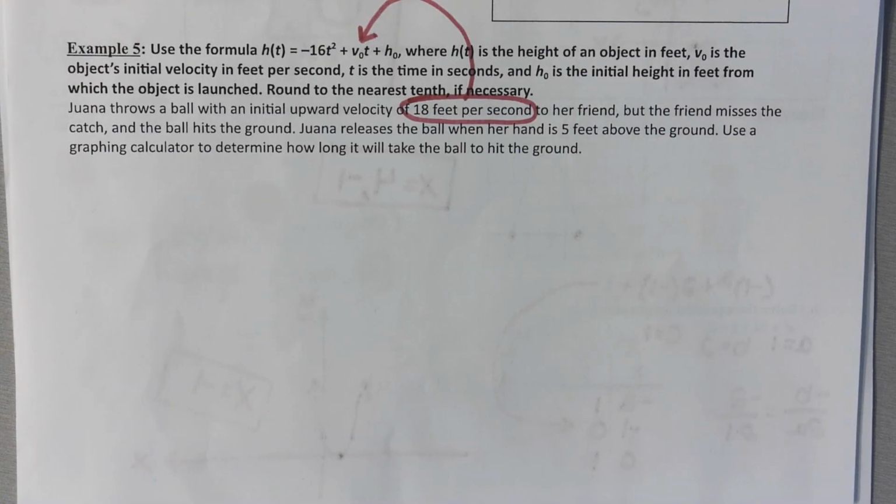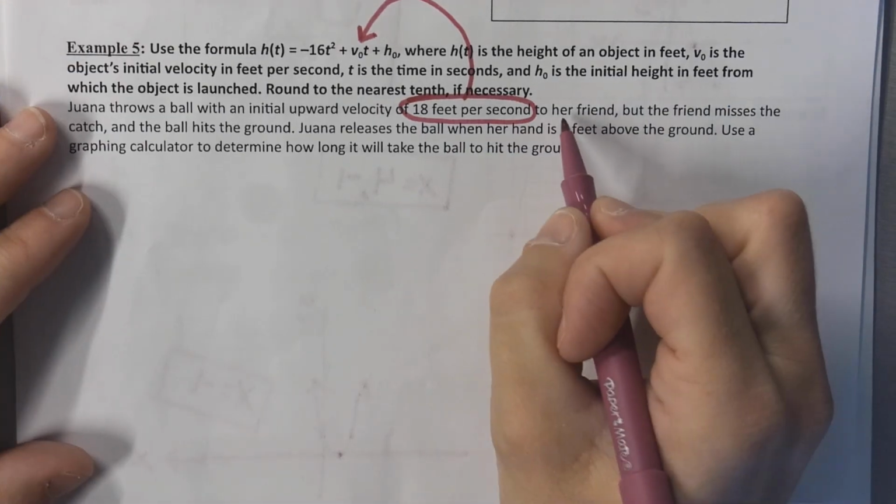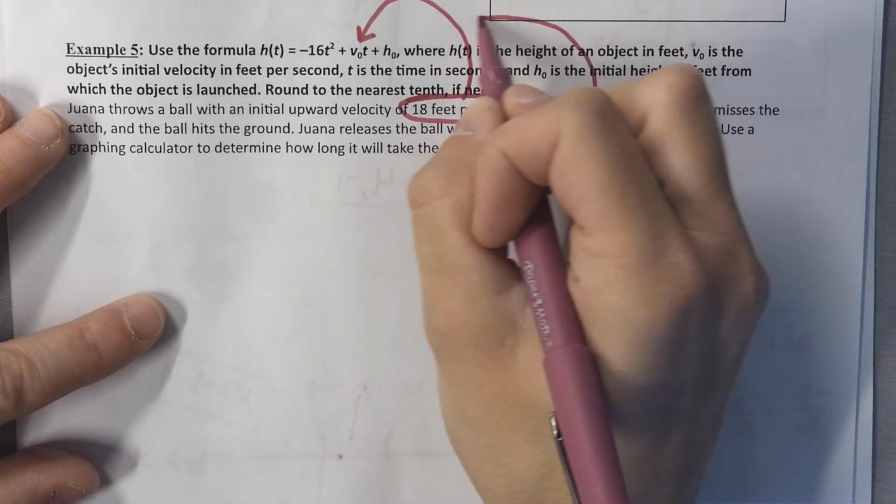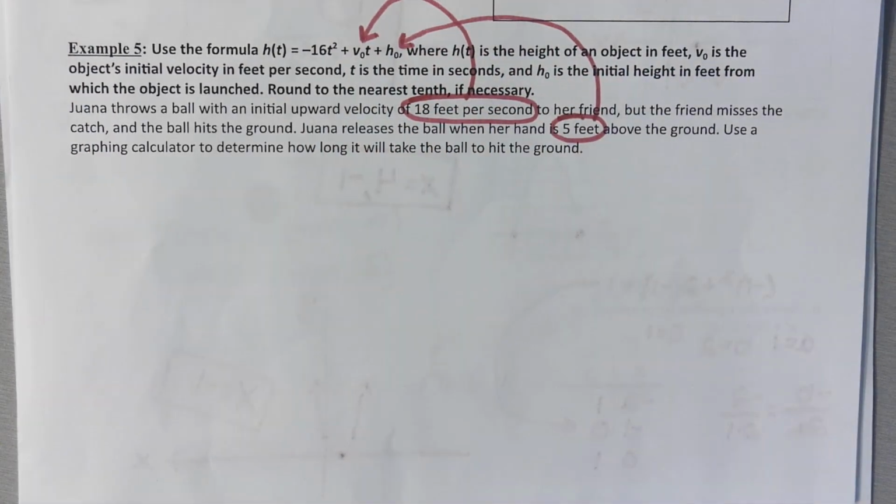So she throws it, but her friend misses the catch, and then the ball hits the ground. All right, well, when she threw the ball, she was holding it, right? And she was 5 feet above the ground, or the ball was, when she had it. So when she threw it, the ball was 5 feet in the air. So 5 feet was the initial height. She wasn't somehow throwing the ball off of the ground.